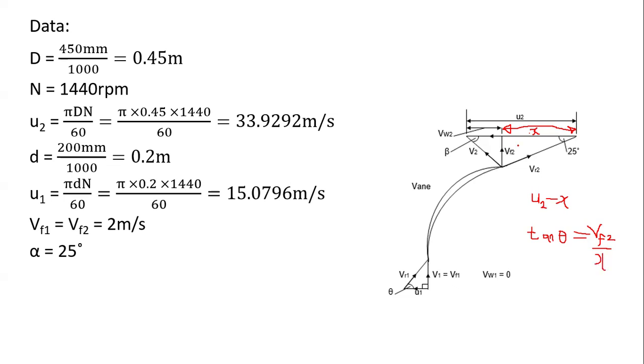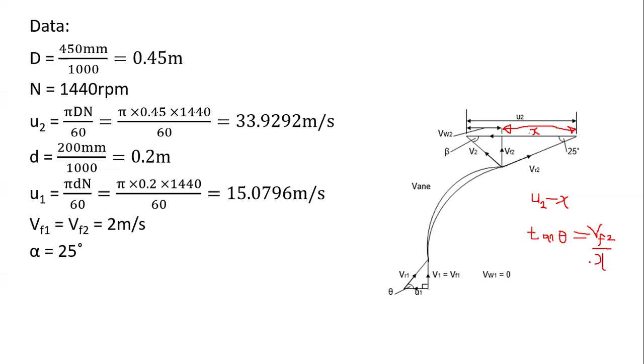Because VF2 is opposite that angle. We always say tan is opposite over adjacent. So VF2 is opposite, X is adjacent. And what I want is this X.